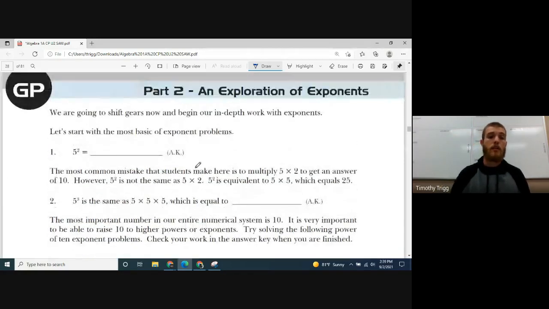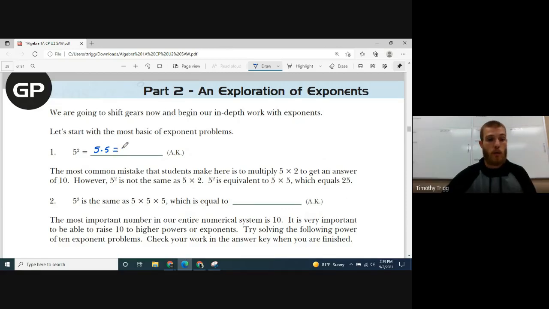Okay. Next, we're going to talk about exponents. I know we talked about it a little bit in the last unit, but basically when you see a number and an exponent, that's saying that's that number times itself that many times. So in this case, it's 5 times itself, just 2 of them.